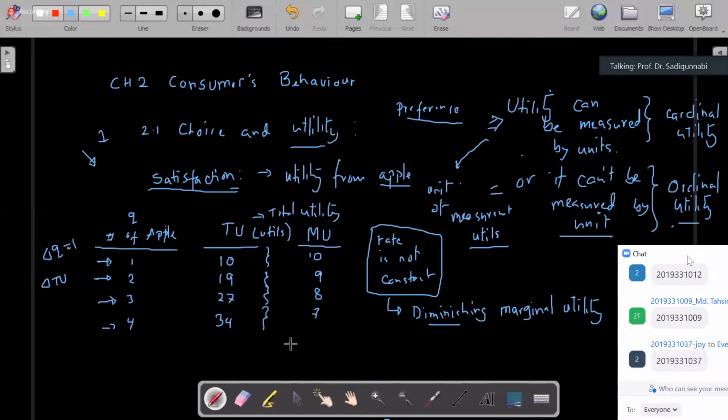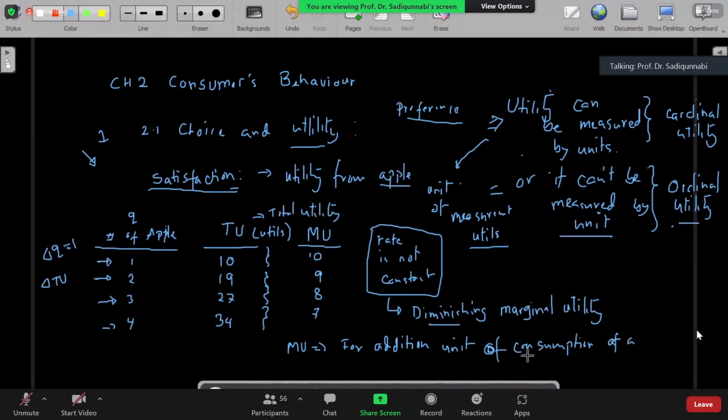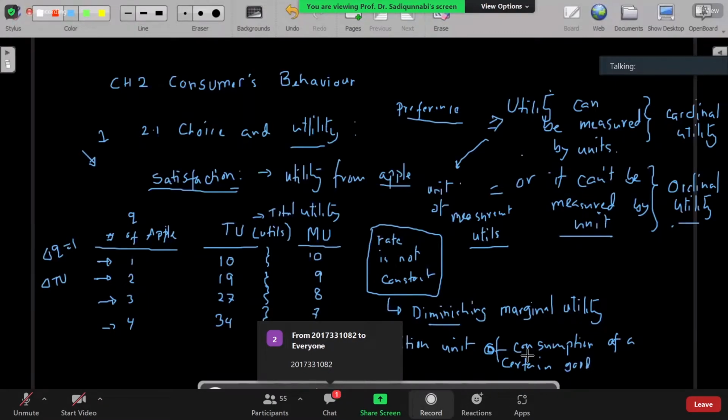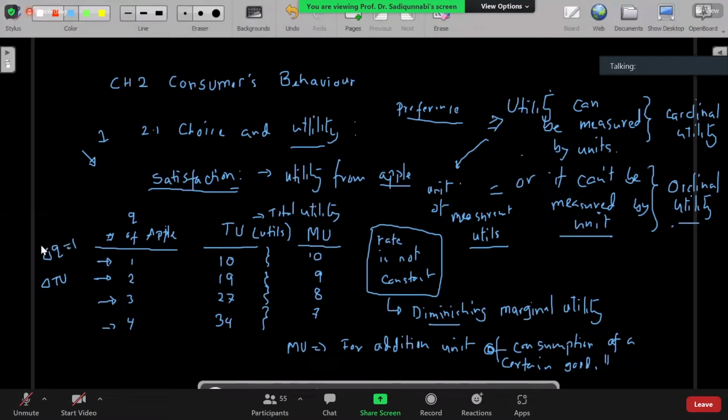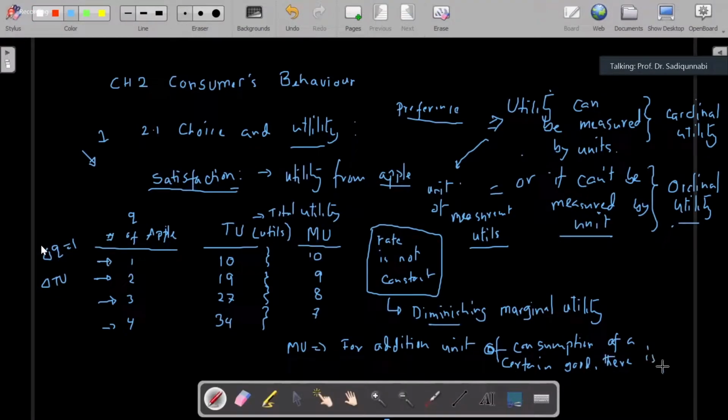MU definition: for an additional unit of consumption of a certain good, there is a change in utility. And this change is called marginal utility.